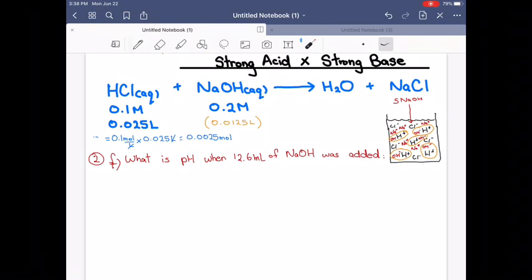Now remember, last time we were looking at how much HCl was reacted with the amount of NaOH. Then we subtract by checking how much HCl was left. Now we know that all the HCl was reacted. The only thing that's here is the amount of NaOH that is in excess, isn't it?